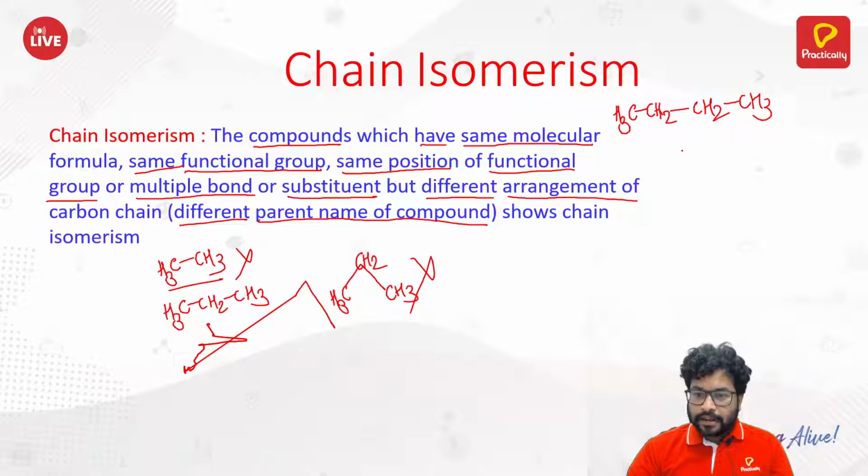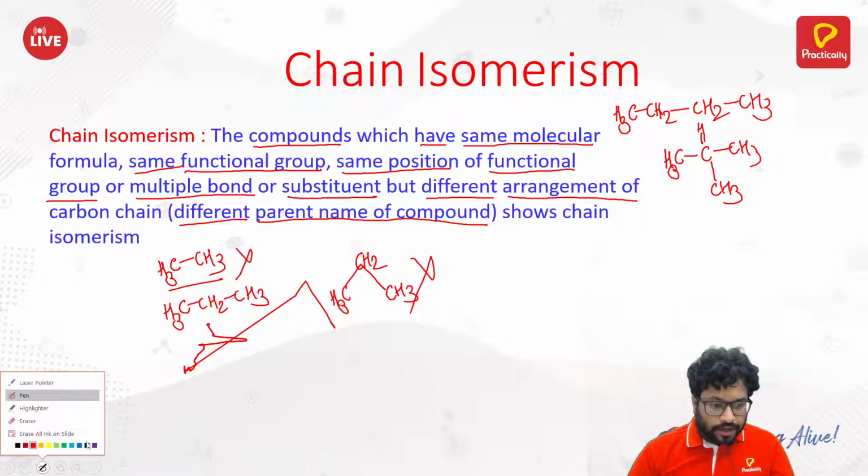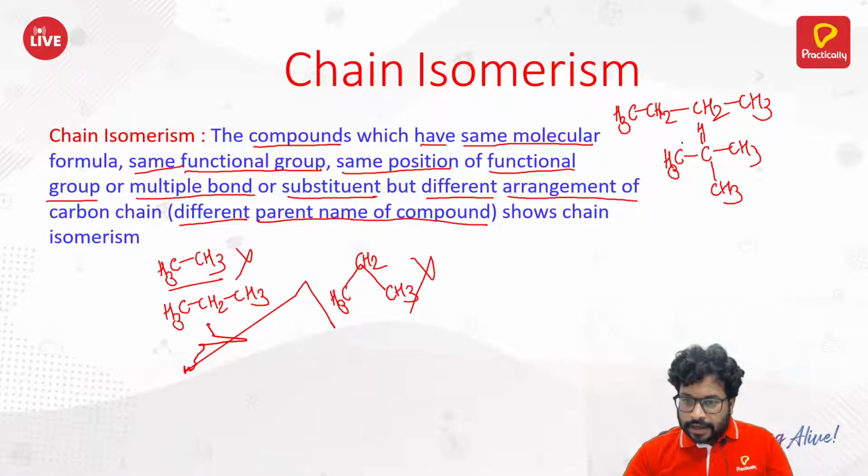Let's try: CH3-CH(CH3)-CH3. So this is a different arrangement overall. In the longest chain here you have 3 carbon atoms, while in the first one you have 4.